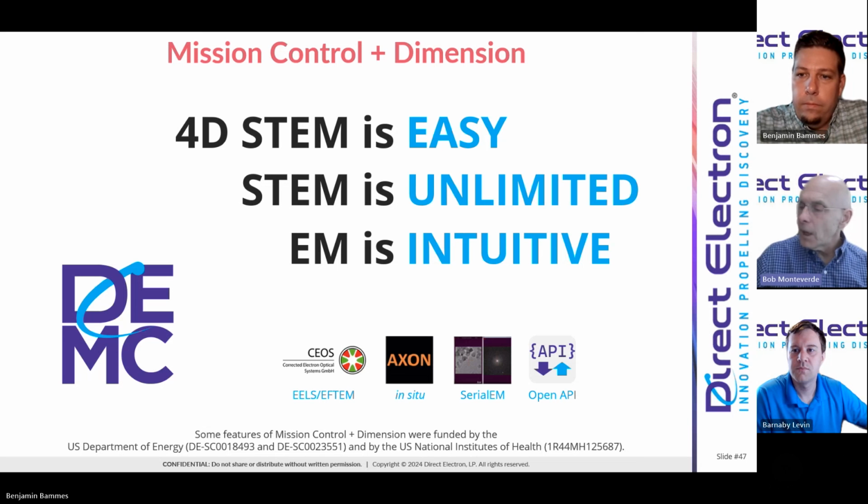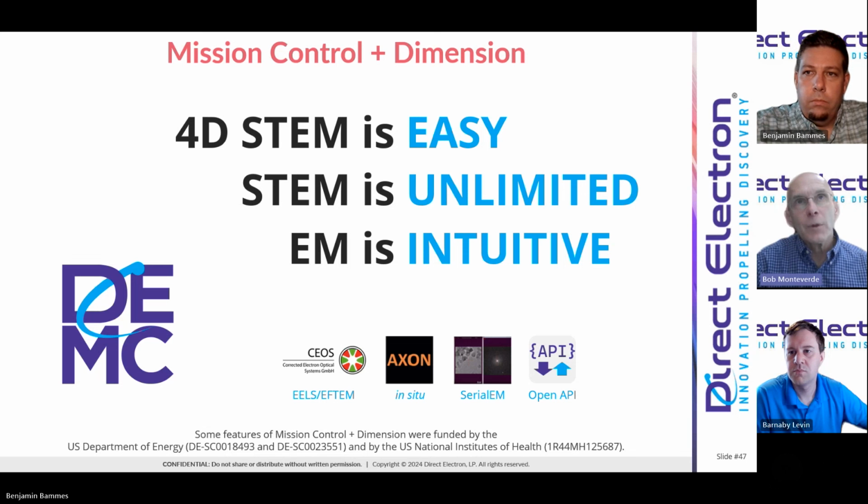Okay. The question I had, the virtual masks, the ability to create the different virtual masks. What you showed in the slides were circles and donuts. So bright field, dark field masks. A lot of people use segmented STEM detectors for differential phase contrast imaging, things like that. Could you create a virtual mask that is a segmented detector, that simulates a segmented detector?